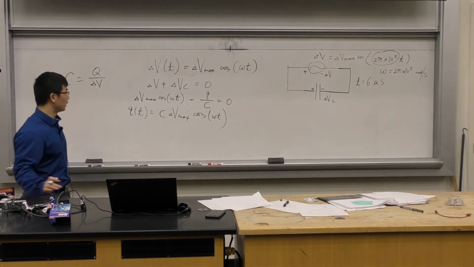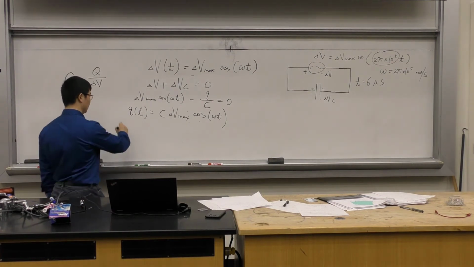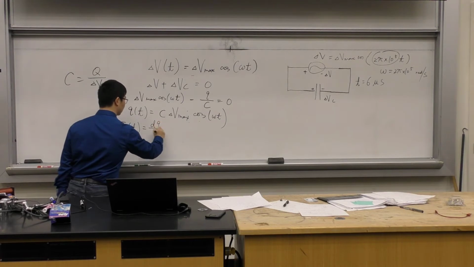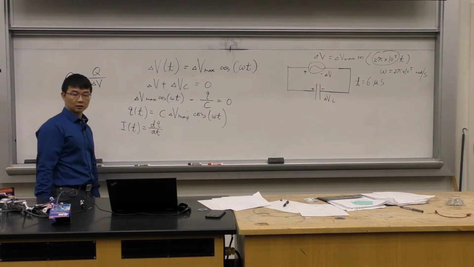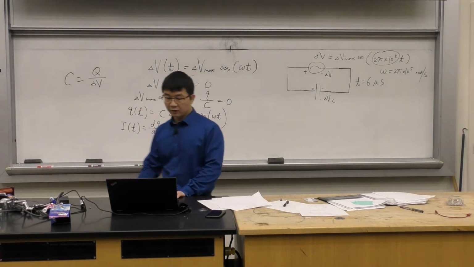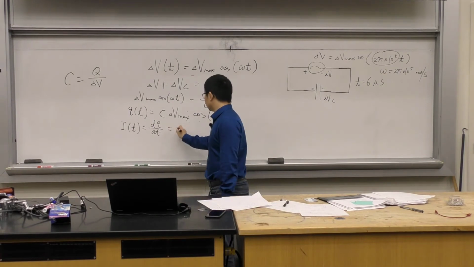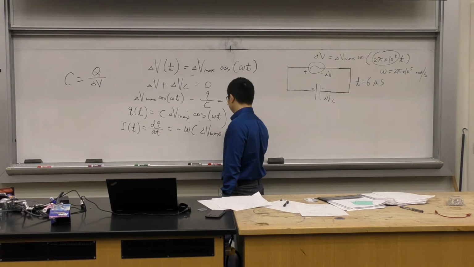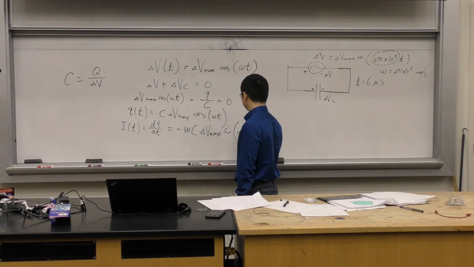But current is defined as charge over time, so you just take a derivative, dq over dt. If you take the derivative, you will get negative omega C Vmax sine omega t.